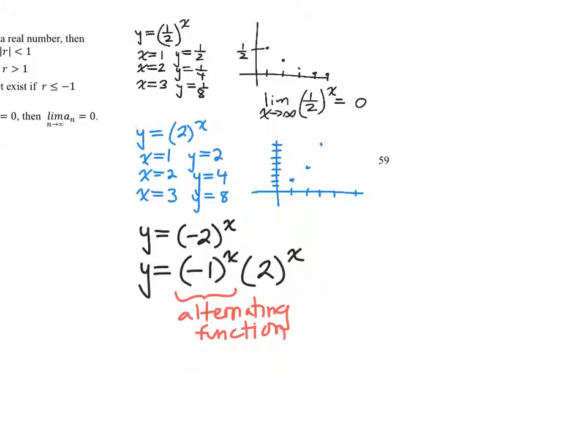If x is equal to 1, we have a negative sign. If x is equal to 2, it's a positive sign. 3 is a negative sign, and so on. So it's alternating back and forth between being positive and negative. And it's getting absurdly large very quickly. So it's got the characteristics of this where the y values are getting absurdly large very quickly, but they're also alternating in sign.